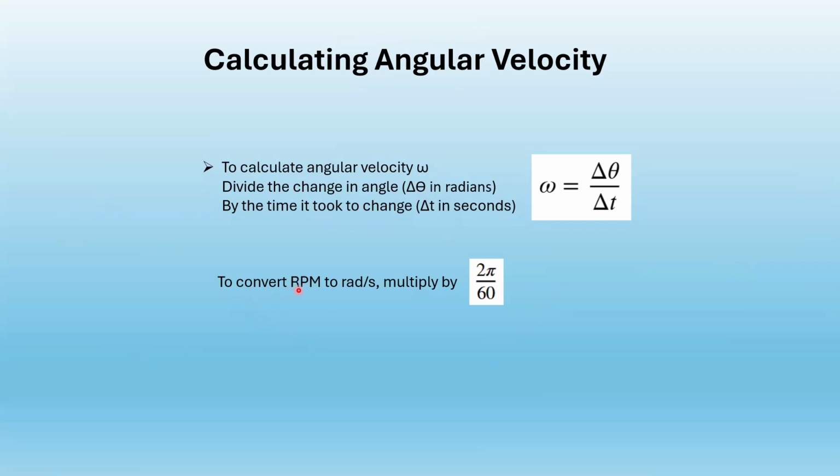To convert from RPM, rotations per minute, to radians per second, you just multiply the RPMs by 2 pi over 60, because a minute has 60 seconds. Revisit this, look at that until it hits you.